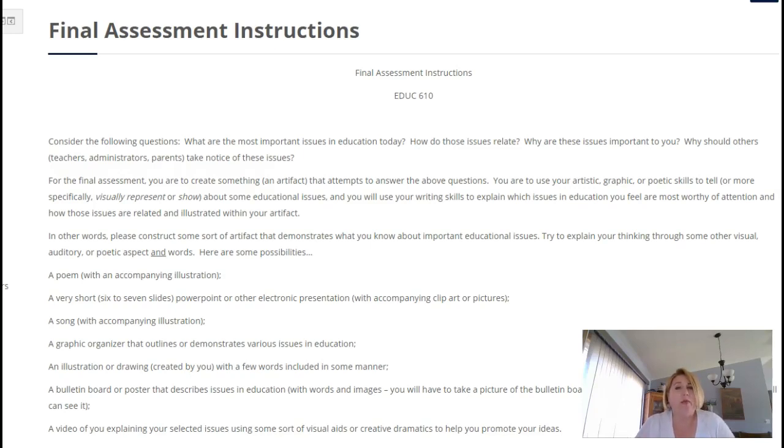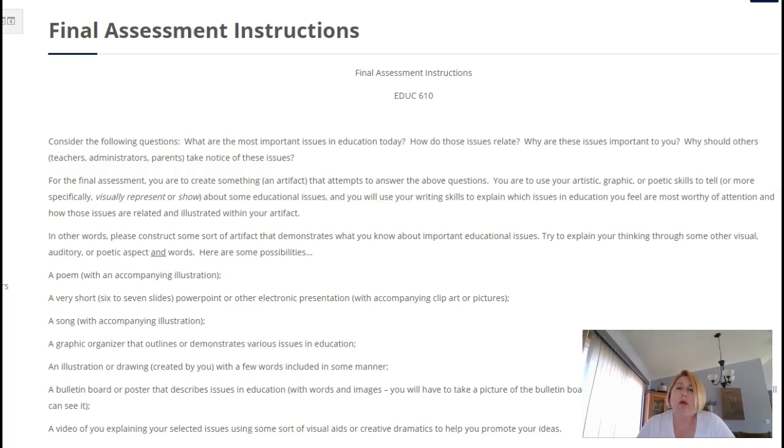Now, I've mentioned this a couple of times to you in class. I don't want people who feel like they're not super creative or musical or art inclined to be fearful of this project. There is something in this project for everyone, and I want you to make it your own, but at the same time, I want you to feel comfortable with the tools that you're using to display your understanding.